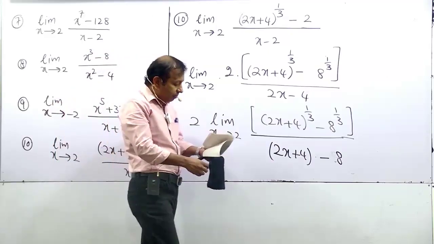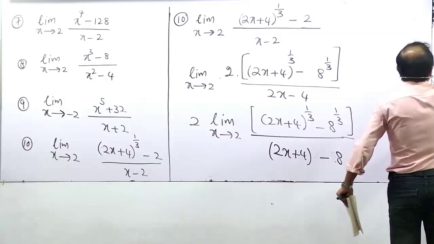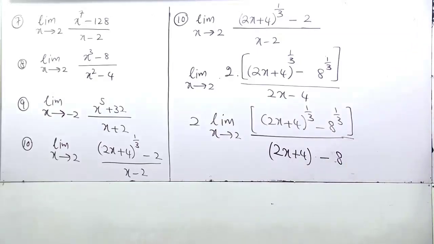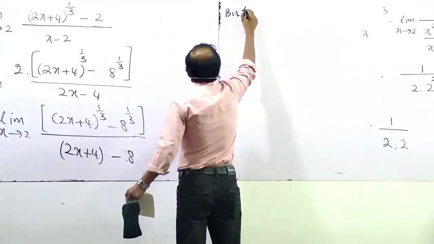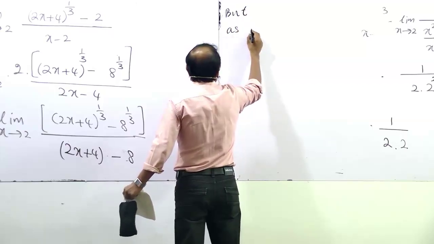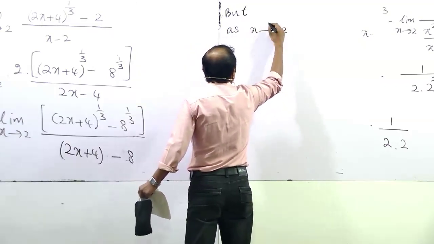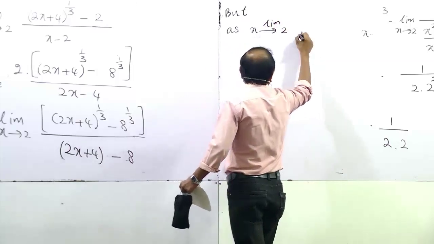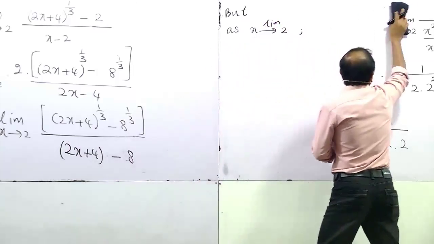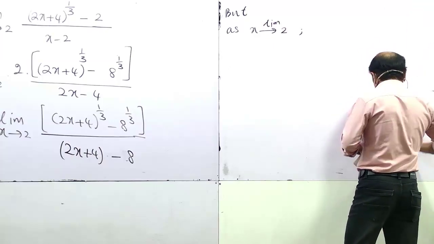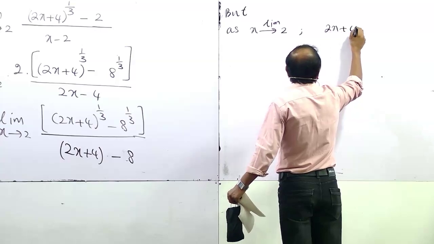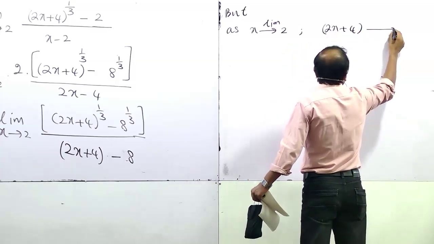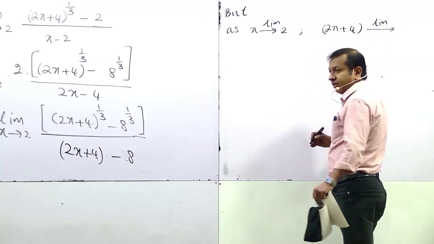But people, see here, once you very carefully look at this expression, I write this one here, but as x going to 2, what happened to this 2x plus 4? 2x plus 4 limit, right?